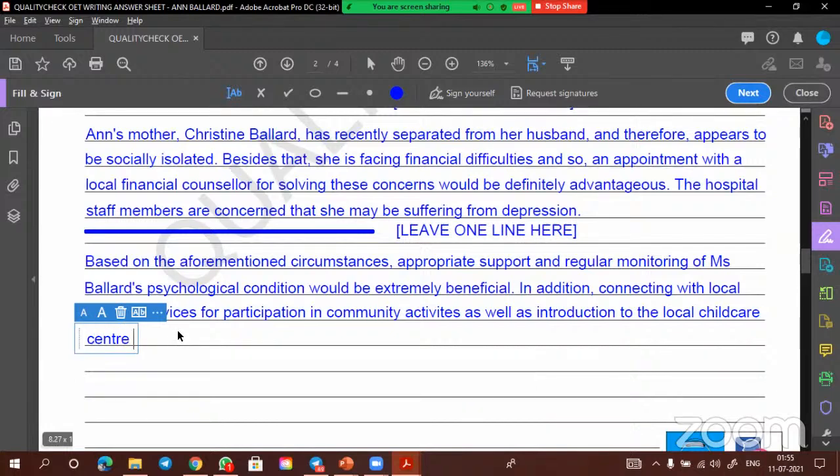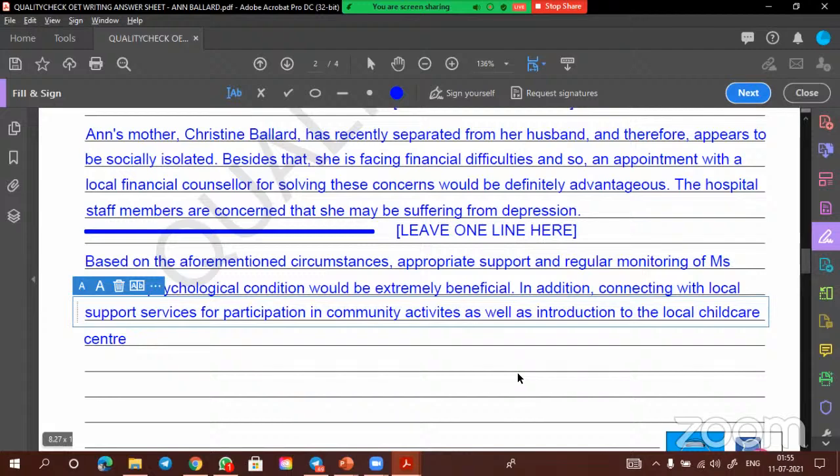Or you can break this sentence into two sentences. Activities is advised. Okay, remove "as well as".